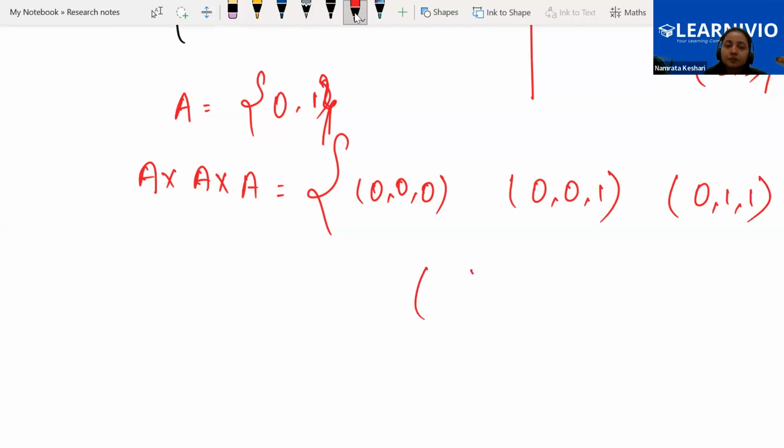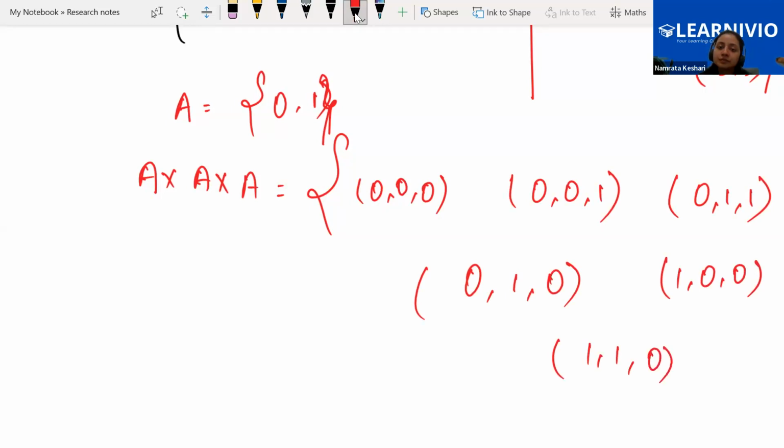Then 0, 1, 0. Then 1, 0, 0. Then 1, 1, 0. Then 1, 1, 1.